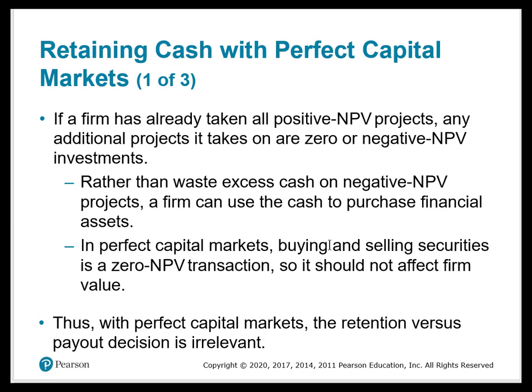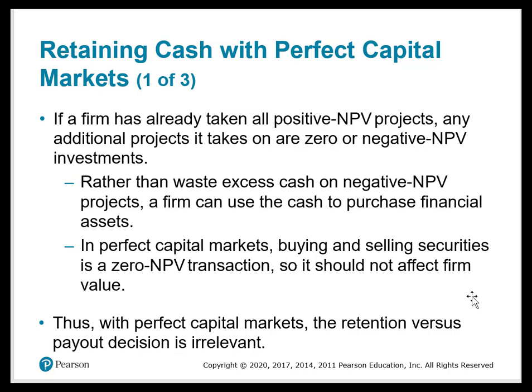So again, if a company has already taken all the positive net present value projects, any additional projects by definition have either zero or negative net present value. Rather than waste excess cash on negative net present value projects, a company can use the cash to purchase financial investments. Now we know that those are zero net gain kinds of transactions, but at least the money is there and not wasted.